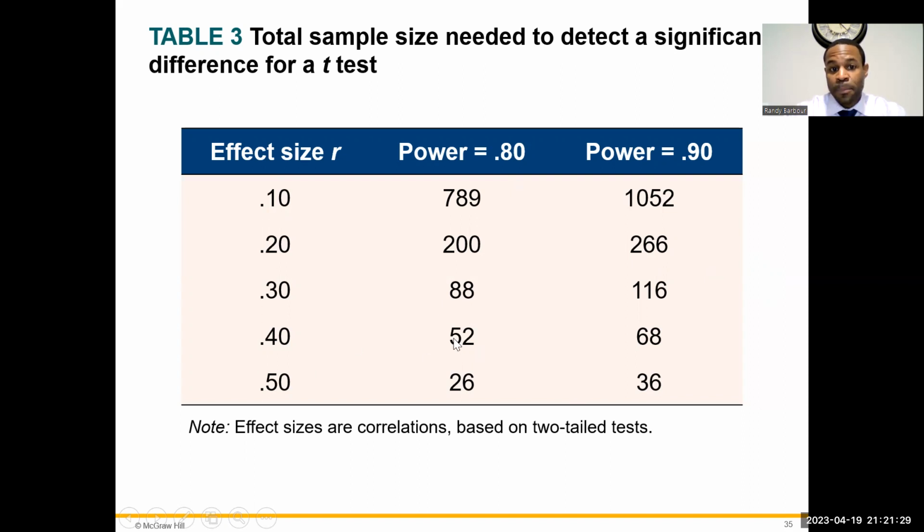But as you see, if you have a really small effect size, you need a really large sample size, right? 1,052 for 0.9 power, 789 for 0.8 power. So again, the higher your power, the larger your sample has to be for you to detect a small effect size. Okay.